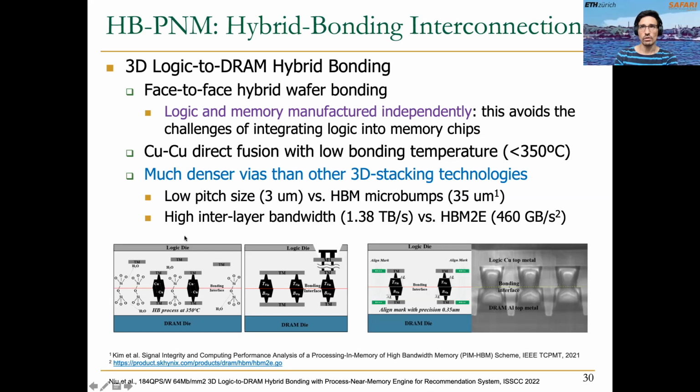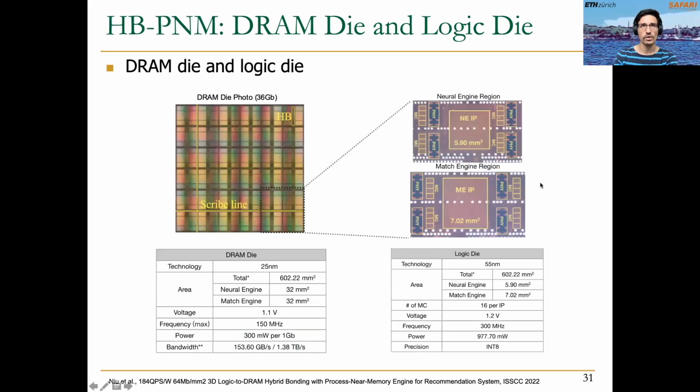That's why you can compare this 1.32 terabytes per second to these 460 gigabytes per second in HBM2E. Here you have some photographs of the DRAM die and the logic die, where you can see the neural engine region, and you can also see the match engine region. As you can see, they both run at a relatively low frequency, 300 megahertz, but that's a relatively common frequency in processing-in-memory architectures, as we have seen in previous lectures as well.